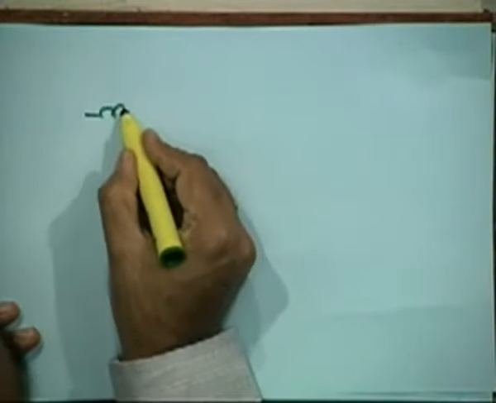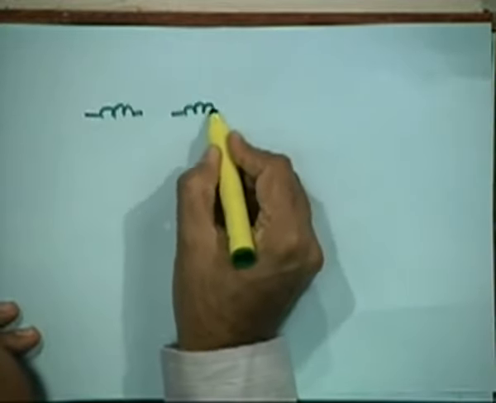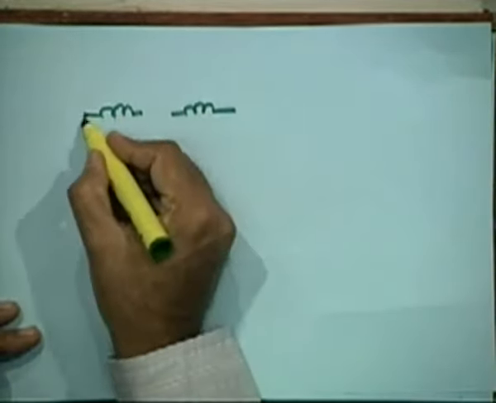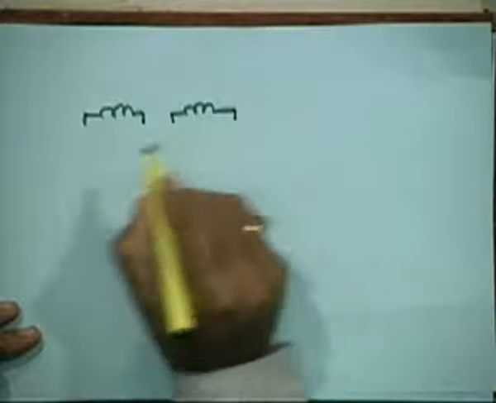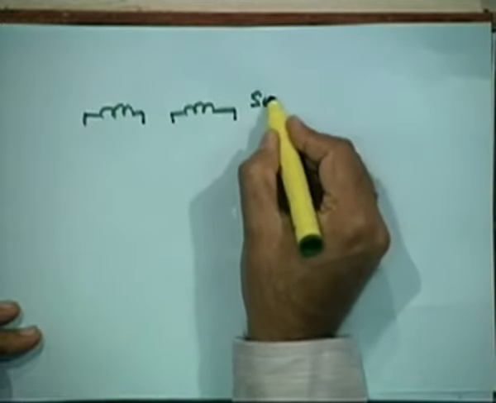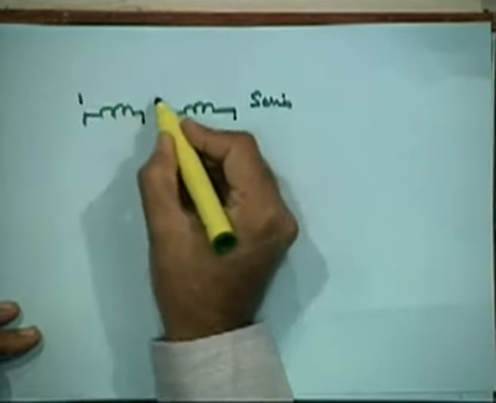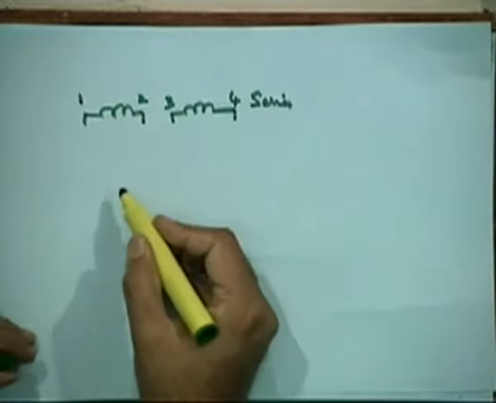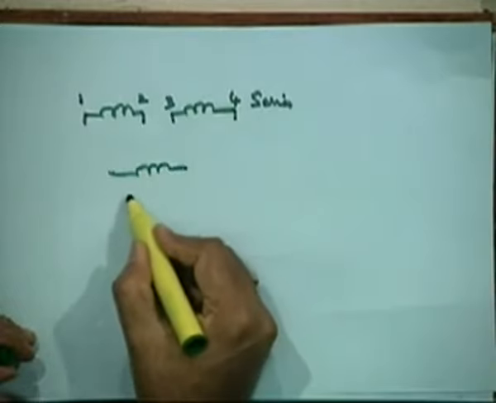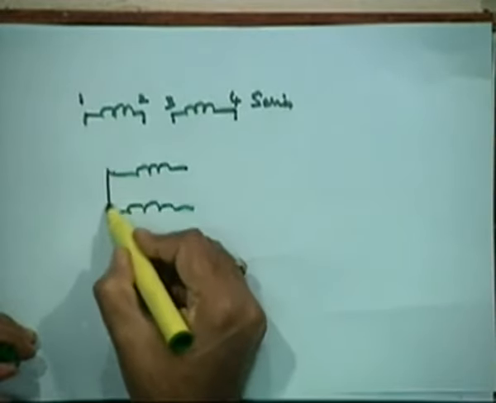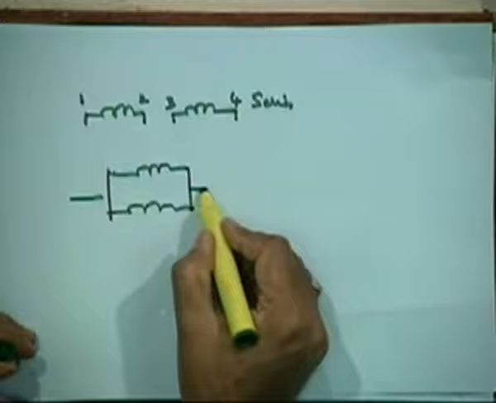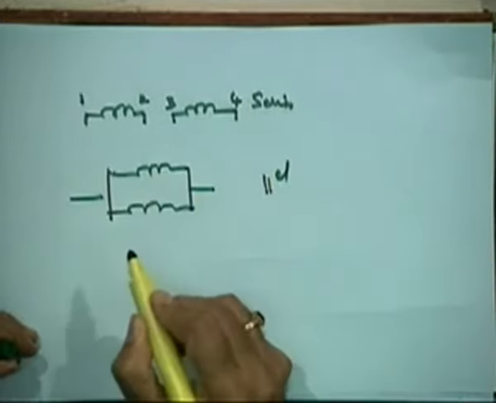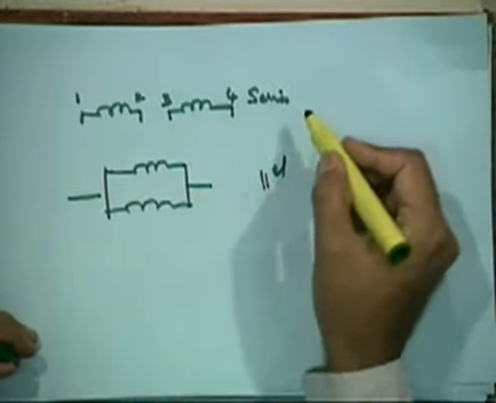So you can have 2 coils, right. So it is one direction. It could be series parallel. Let us say 1 2 3 4. I am just giving you. Now it can then be connected in parallel.